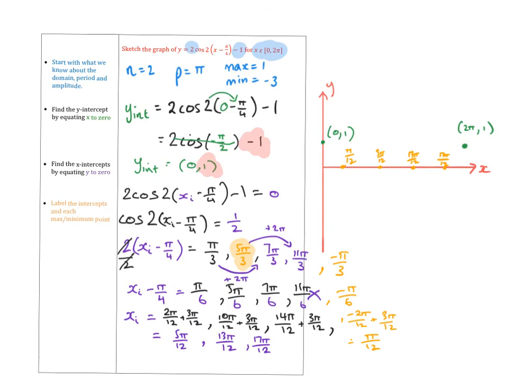So in fact we need to change our graph ever so slightly. This is incorrect. We actually have 0, negative 1, and that means that my endpoint here will be 2 pi, negative 1. So I'm just going to get rid of that mistake there.